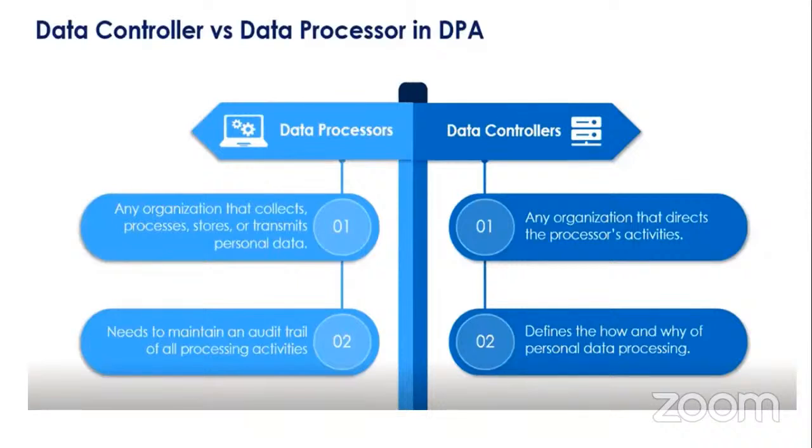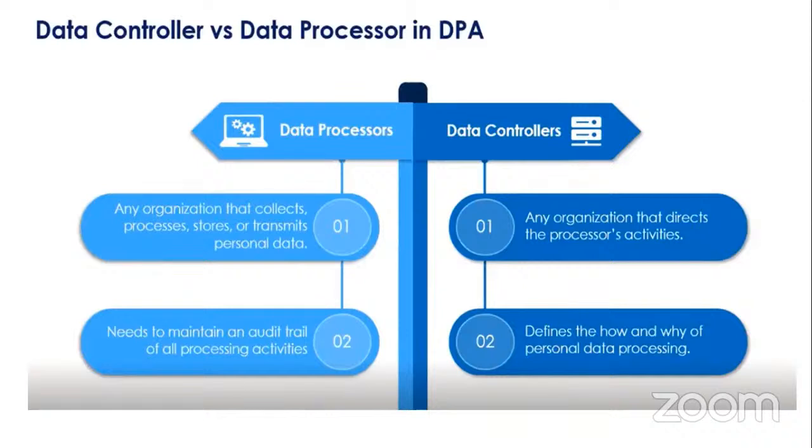One of them is a data processor and the other is a data controller. A data processor is an organization that collects data, processes, stores, and sometimes transmits or disseminates this personal information. That kind of organization we can refer to as a data processor.